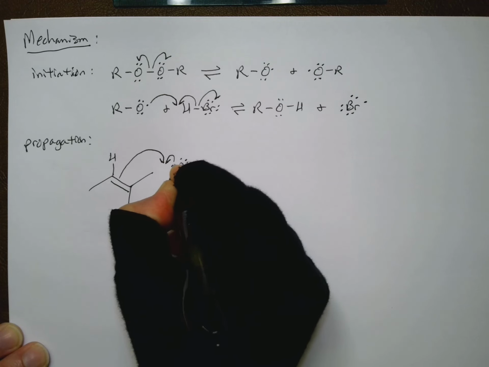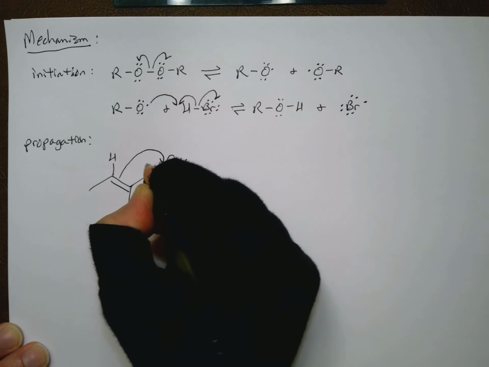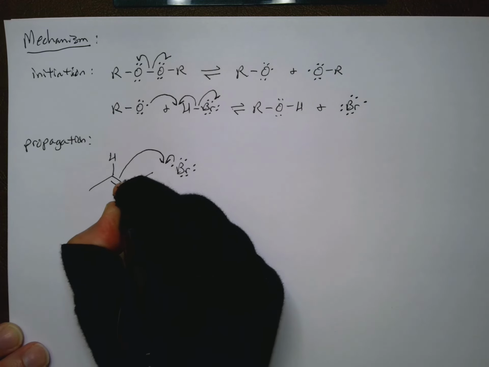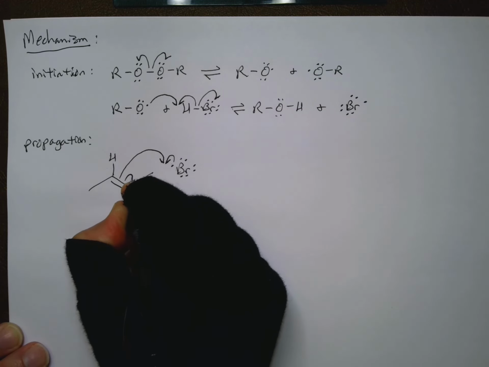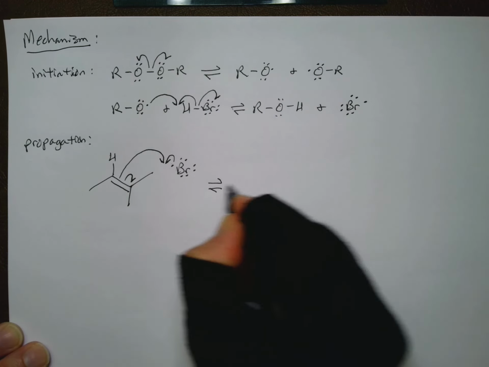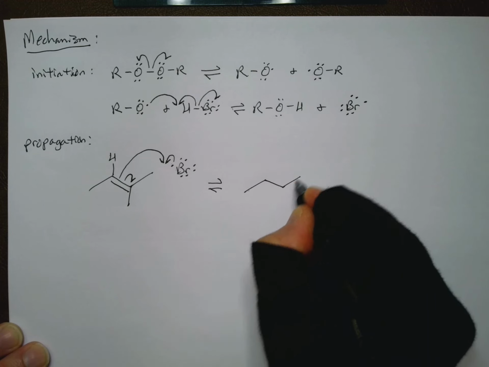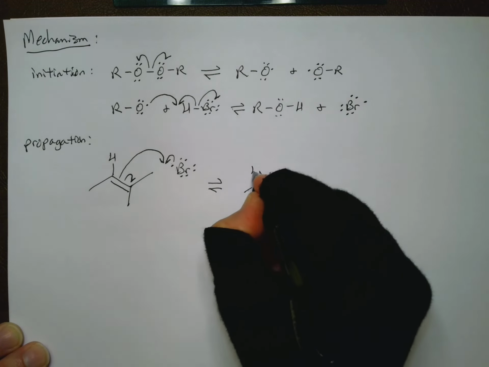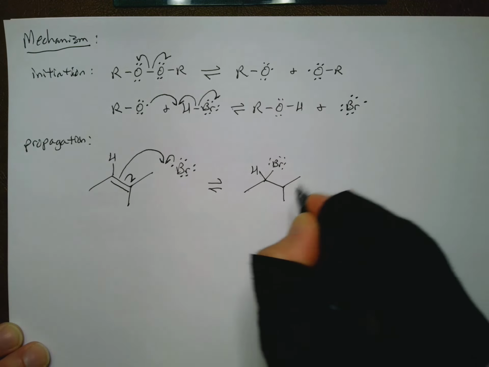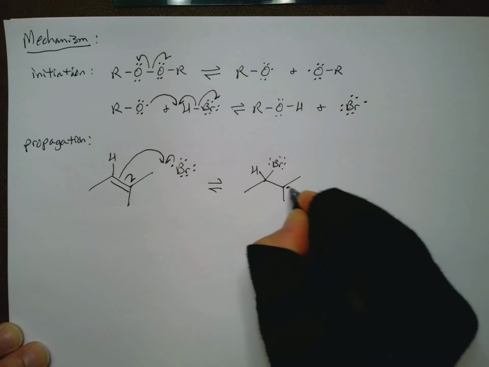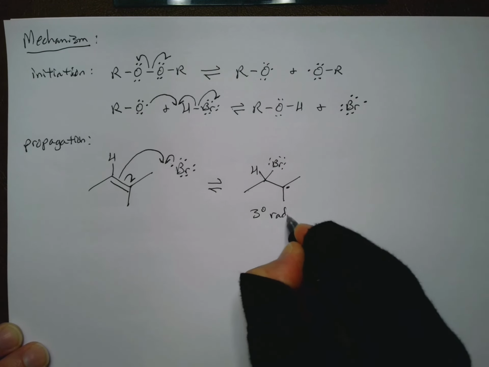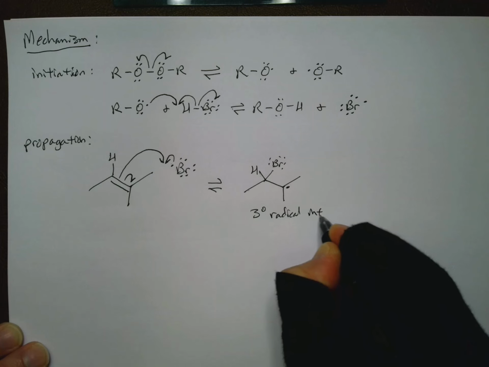And then that single electron from the bromine will get a new bond. But then this breaks, of course, homolytically, and the other electron goes on to the more substituted carbon. So I've got my bromine with all my lone pairs, and I've got my radical there. So this is now a tertiary radical intermediate.